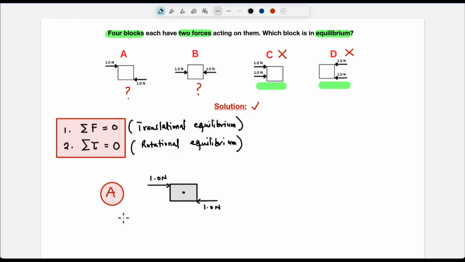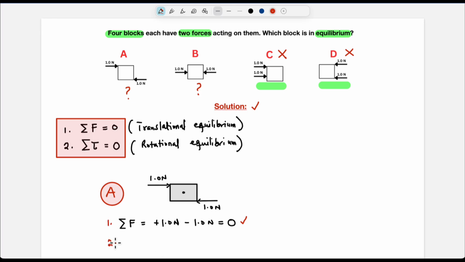So for translational equilibrium to be true, the net force, that is the sum of all the forces acting on this block, is going to be this one to the right, which is positive, so plus 1.0 newtons. And then this is opposing that, so that is minus 1.0 newtons, and that is equal to 0. So the condition for translational equilibrium is satisfied. Therefore, that condition is met.